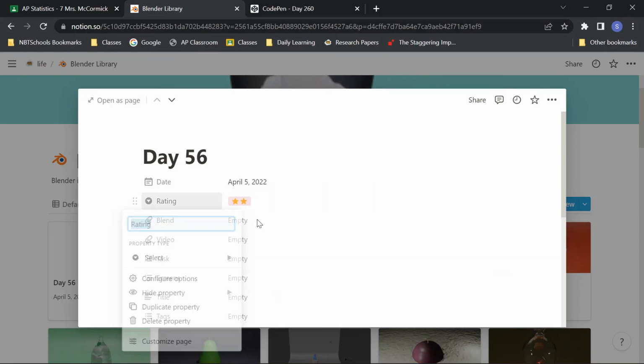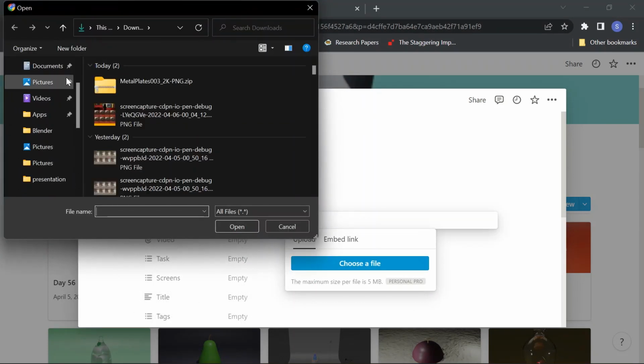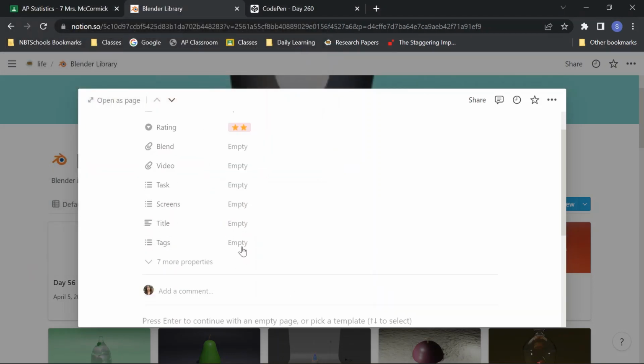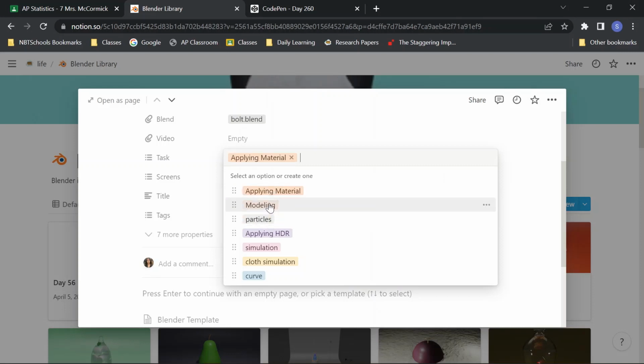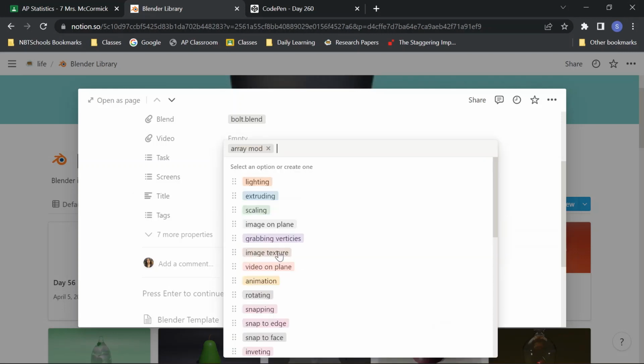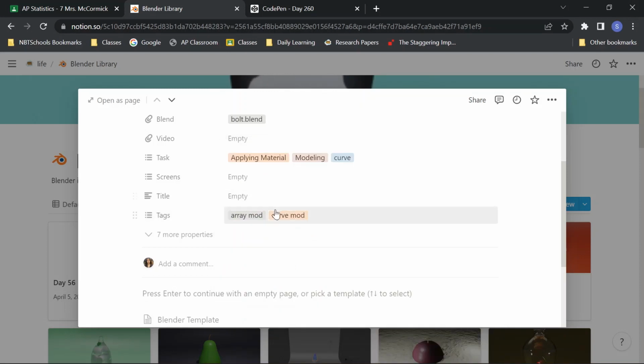So I'm gonna say grading of 2. Blend, what do we call it? Bolt? Nope, bolt. Task. Applying material, modeling. Curve. What do we do? Arrays, array modifier. We did a curve modifier.